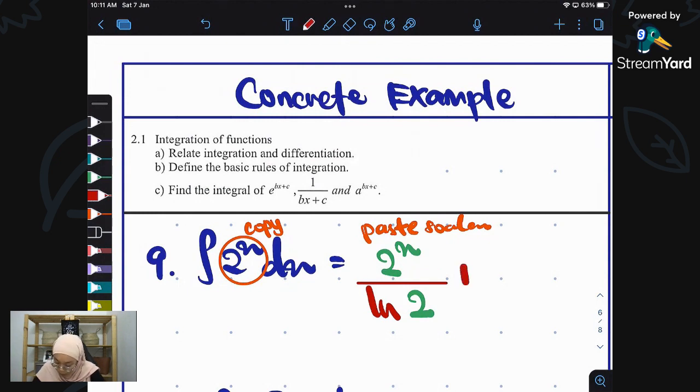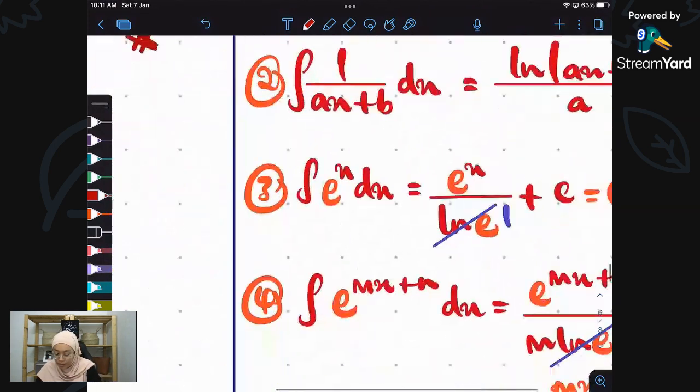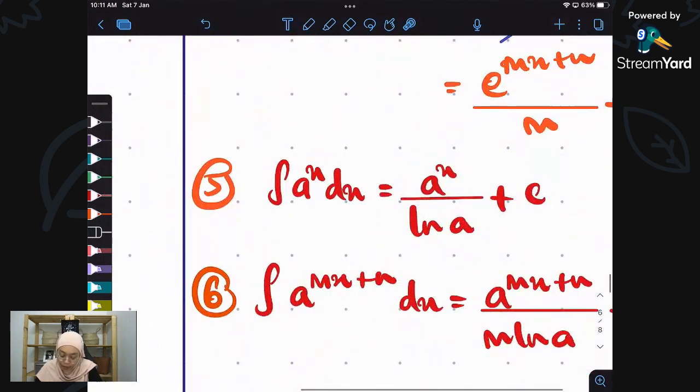And then don't forget to put plus c. Alright, so that's the answer. So let's look at the basic rule. The basic rule shows us that you copy paste the soalan and then you divide by the ln of the base. Kalau sini base 3, sini ln 3. Kalau sini base 11, sini juga ln 11.